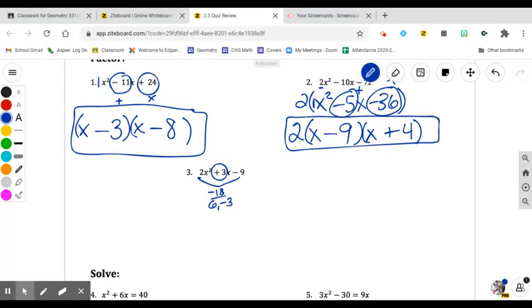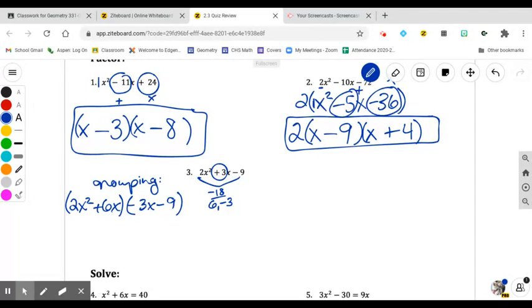If you do grouping, I'm going to do that over here. For grouping, you want to rewrite it, replacing the middle term with 6x plus negative 3x. So it's going to be 2x squared plus 6x minus 3x minus 9. Then you group the first 2 and the last 2, and take out the GCF of each grouping.